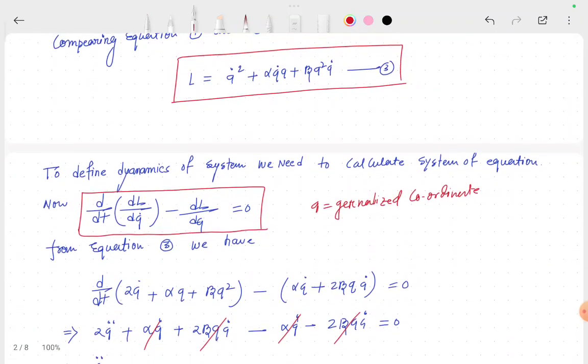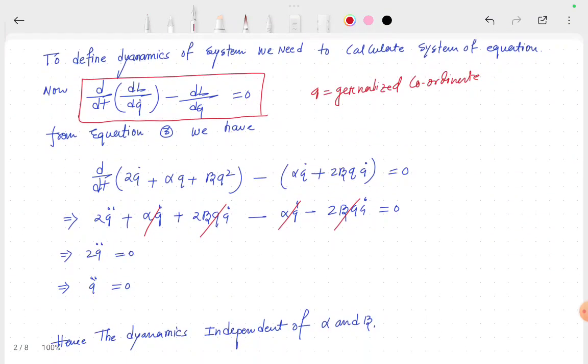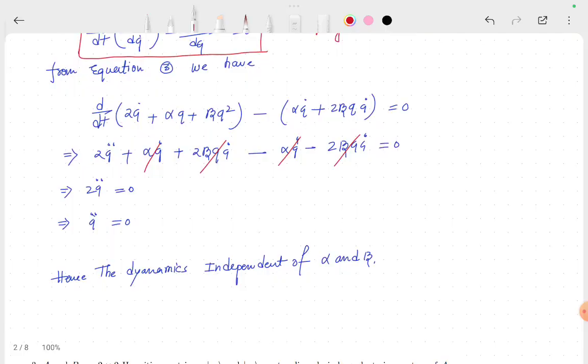From equation 3, let's do a simple mathematical calculation. Please note this down from the video. It is a very simple calculation, and you get the equation q double dot equals 0. It means the second derivative of the generalized coordinate is equal to 0.